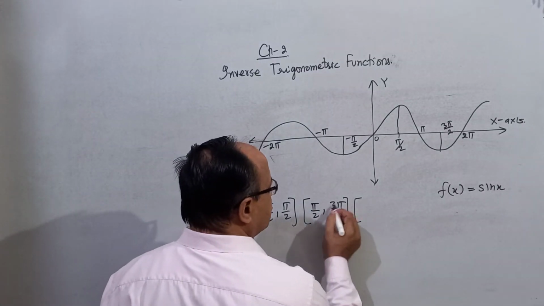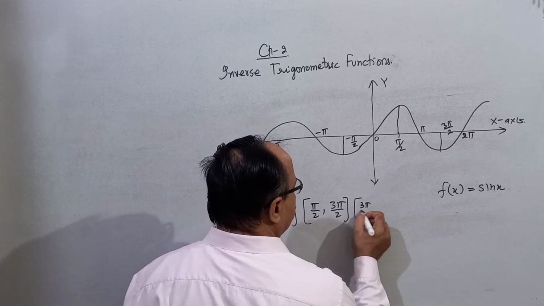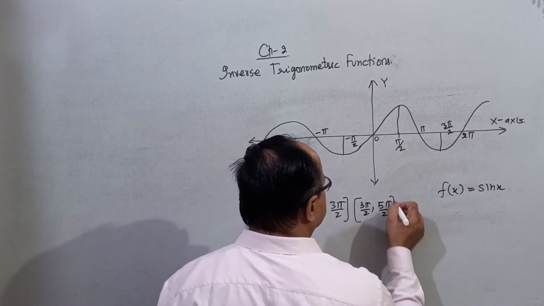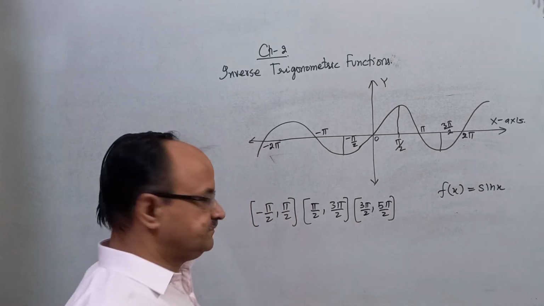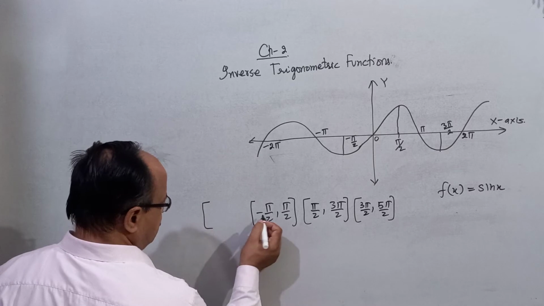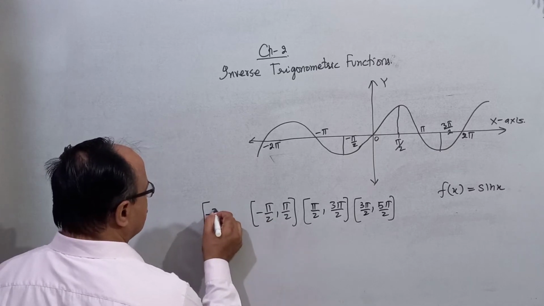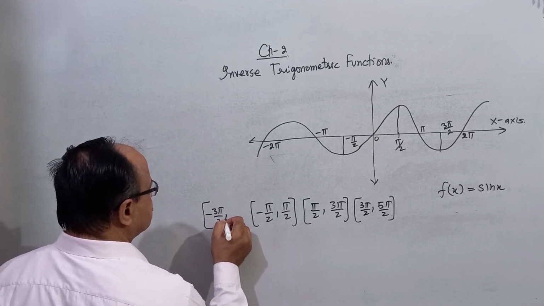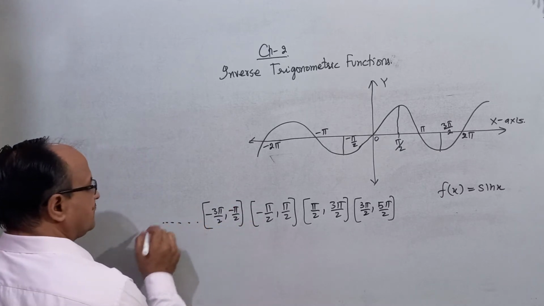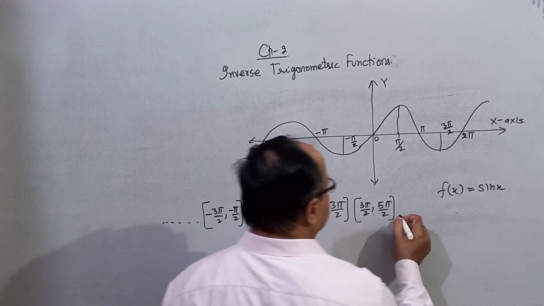When you add pi in this, it becomes 3 pi by 2 to 5 pi by 2. Clear? Similarly here, you add minus pi, minus 3 pi by 2 to minus pi by 2. Similarly, you can find other branches also.